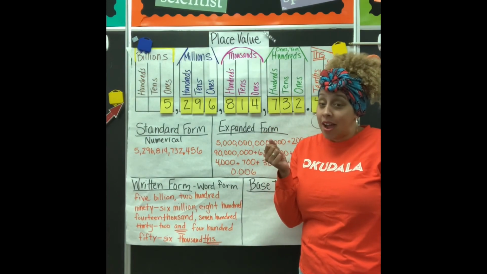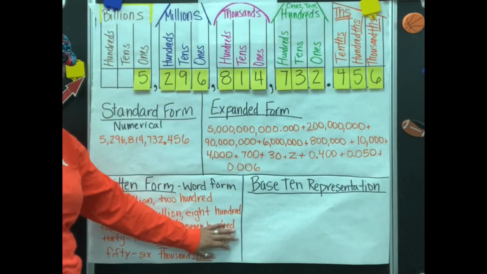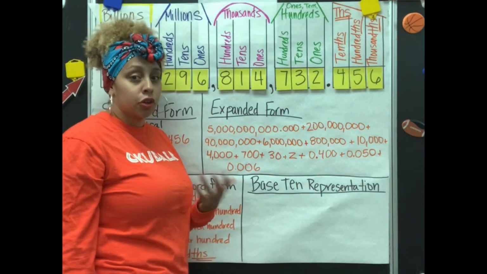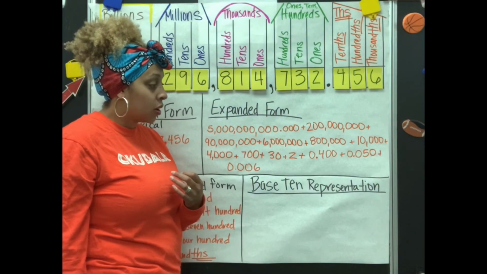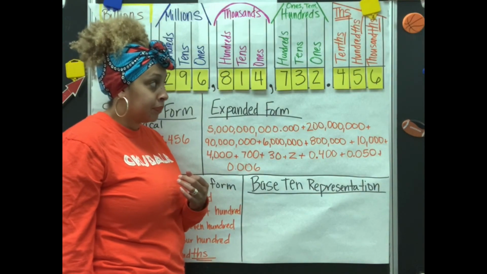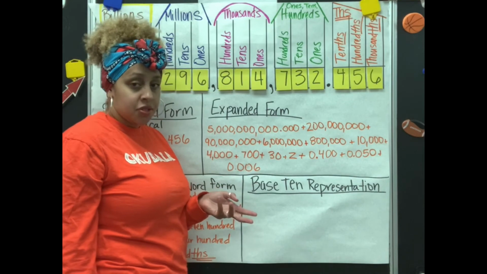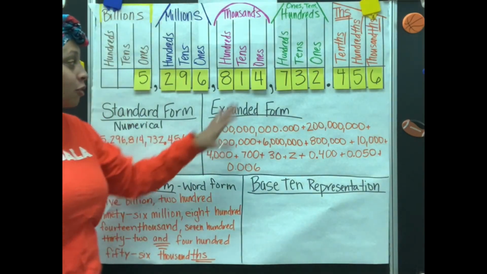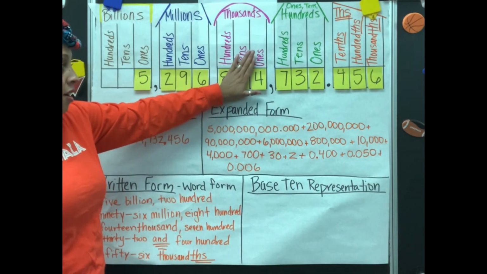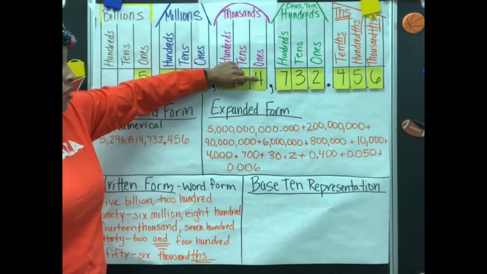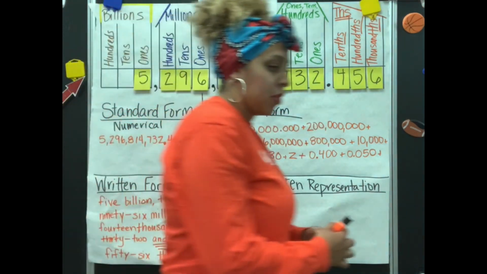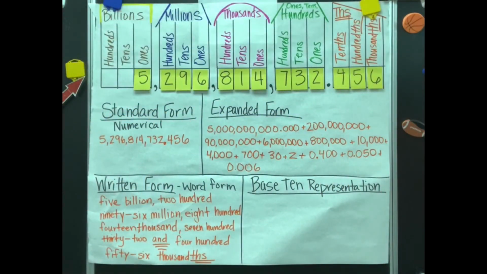Base 10 representation, we are not gonna get the blocks out, but when you're asked to represent this, you're gonna draw. What we're gonna do is we are going to not do this whole number, obviously, because we're not gonna draw 5 billion. We're just gonna stop at 4,732, and we're not gonna do the rest because we'd have to split them up and we're just not there yet.